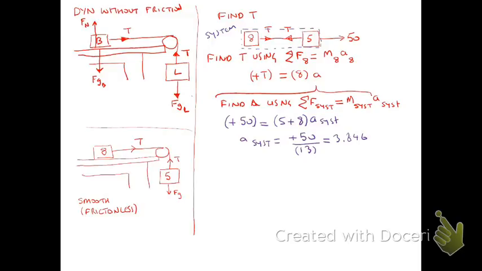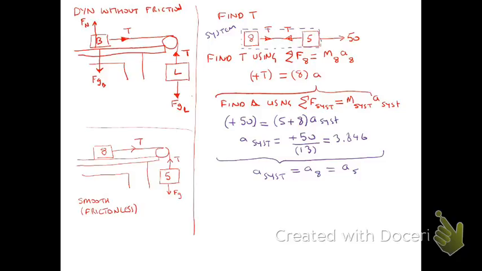Now, from a conceptual point of view, the acceleration of the system is the same as the acceleration of the 5 kilogram mass, which is the same as the acceleration of the 8 kilogram mass. So A system is equal to the A of the 8, which equals the A of the 5.